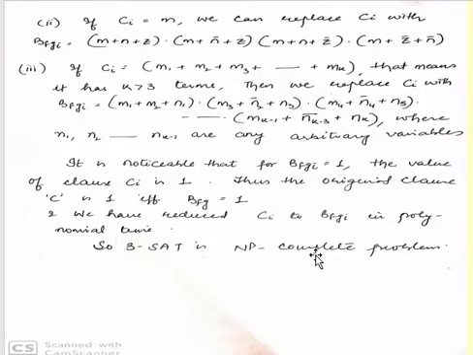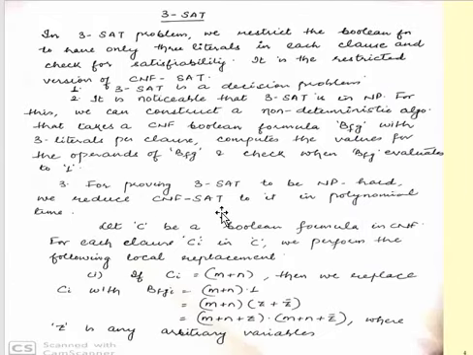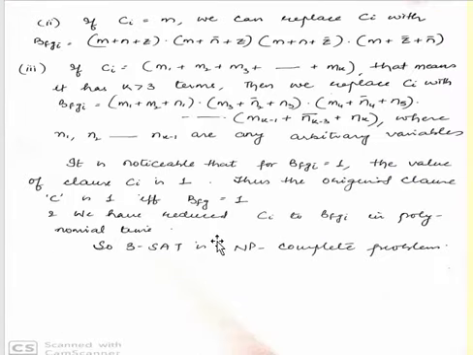Now, what's the meaning of this? The meaning is that if 3 SAT can be solved in polynomial time, then CNF SAT can also be solved in polynomial time. Or you can say that if BFGi is 1, that means if any formula written in 3 SAT format has the value 1, then the formula that was in CNF SAT would also be 1.